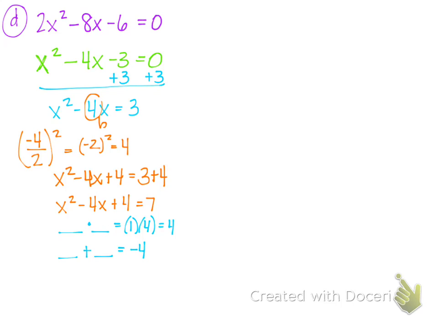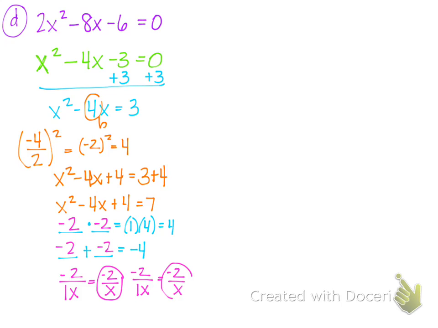So we want to multiply negative 2 and negative 2. And if we add them, we get negative 4. So then we take what's in our blank, put it over a and our variable, which is just negative 2 over x. Same thing for the other one. So here are our two terms.